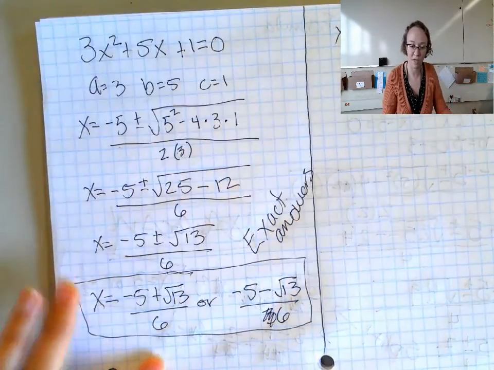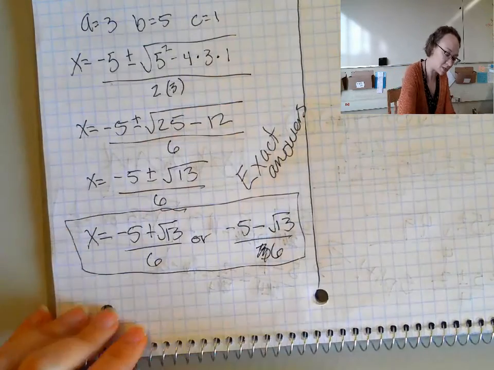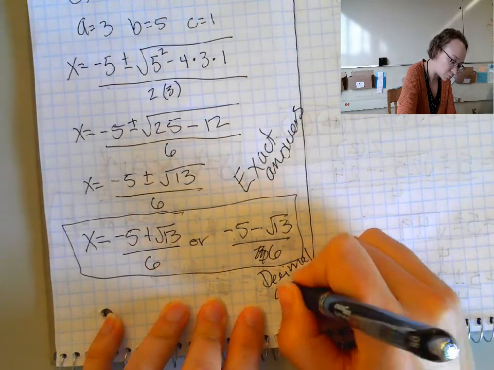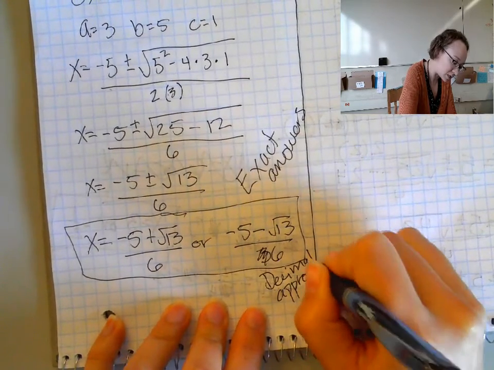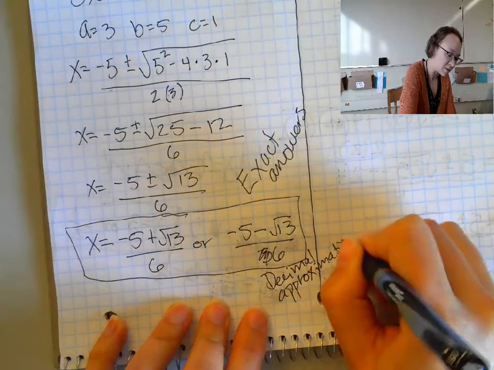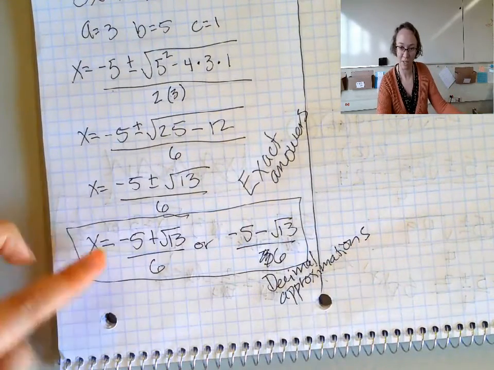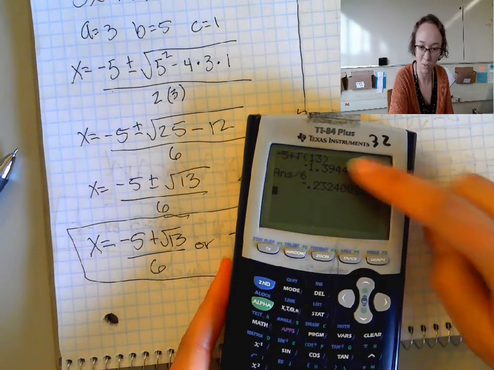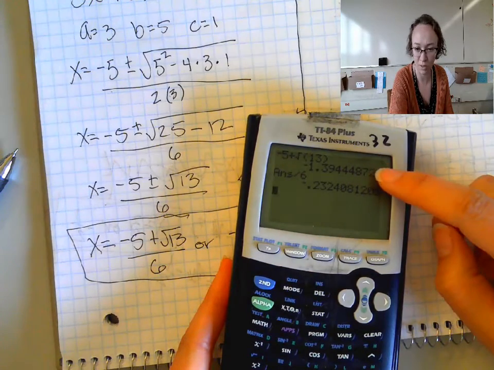If I asked you to find the decimal approximations, then I would pull out a calculator and I would type this in. So I type in negative 5 plus the square root of 13, I get negative 1.3944, blah, blah, blah.